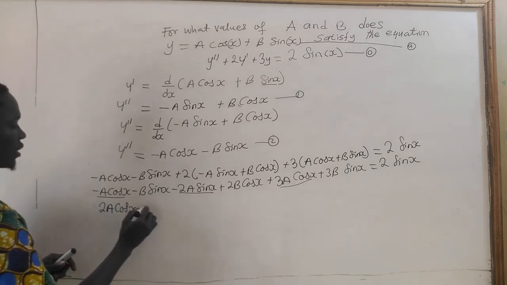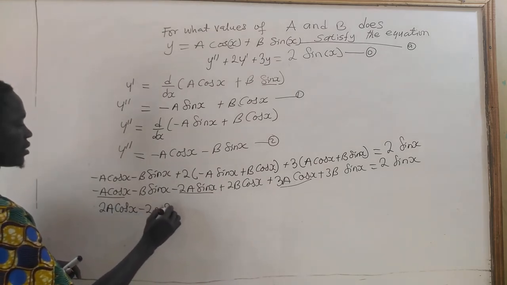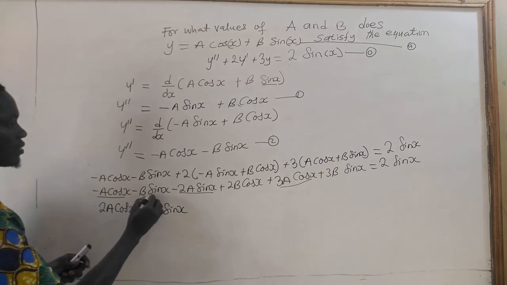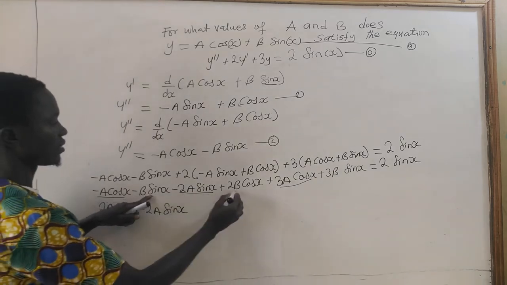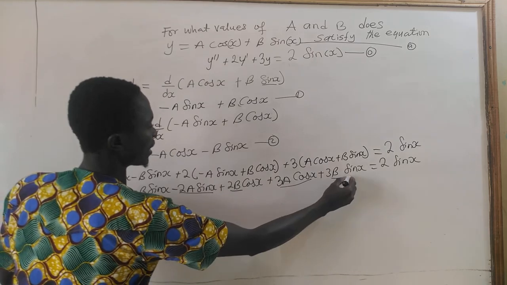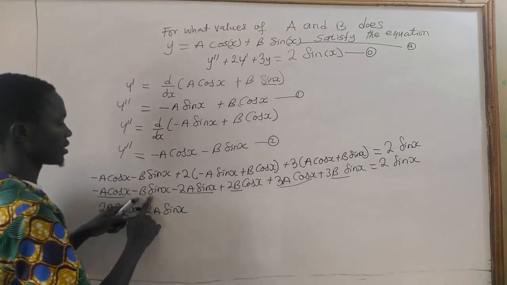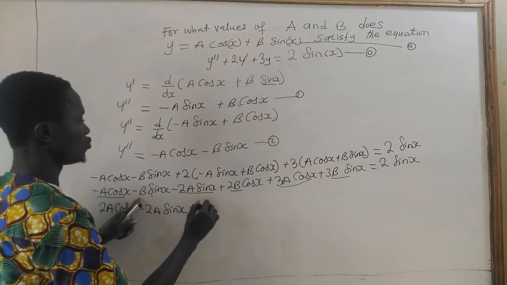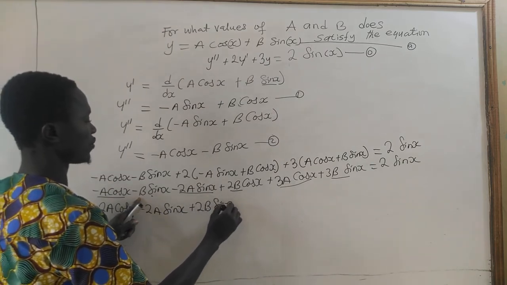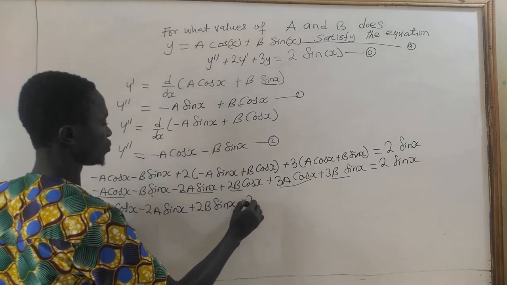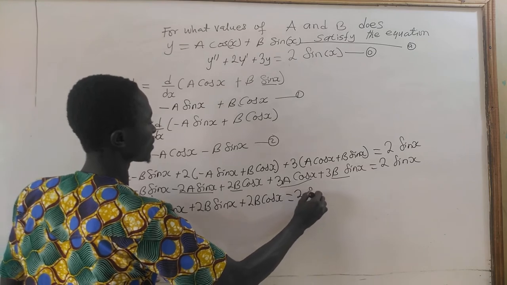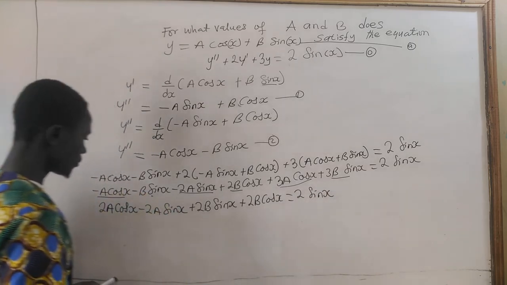Then I have this minus 2A sine of x. So we've done with the A terms. Now let's look at the B terms. I have minus B sine of x plus 3B sine of x will give me plus 2B sine of x plus another 2B cosine of x equal to 2 times sine of x.